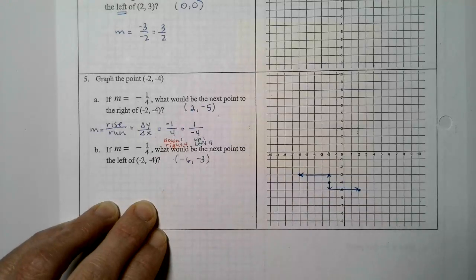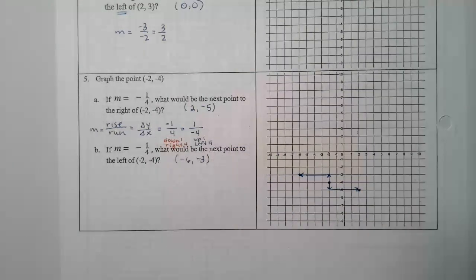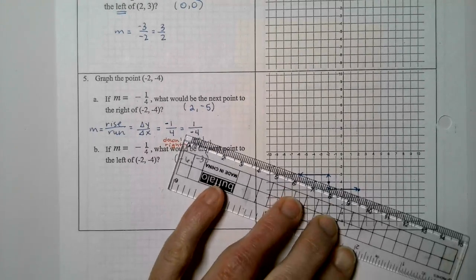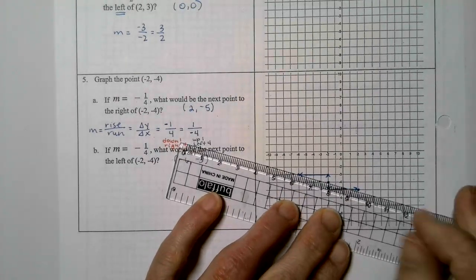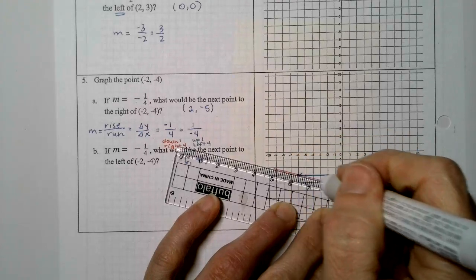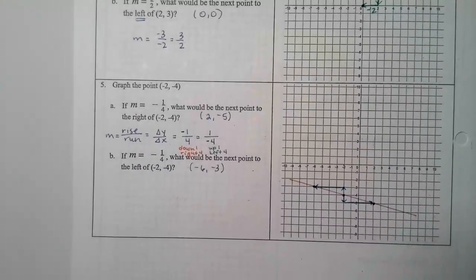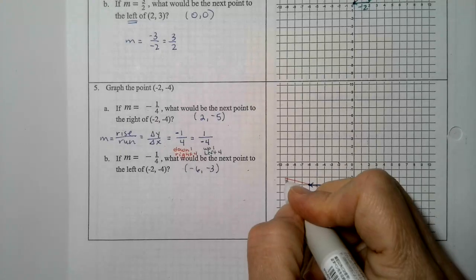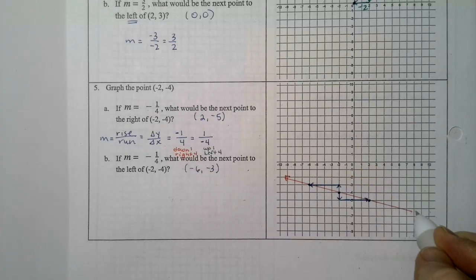So let's look at what that negative slope shows us. That negative slope, if I connect my lines, it might be easier if I draw my line through here. So let's do that to connect all of those points we just plotted. Hopefully you can see that our graph is falling from left to right.